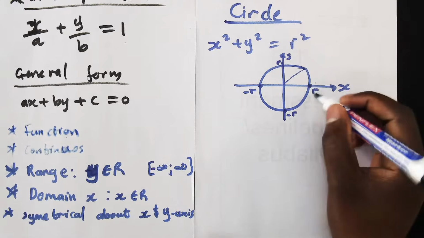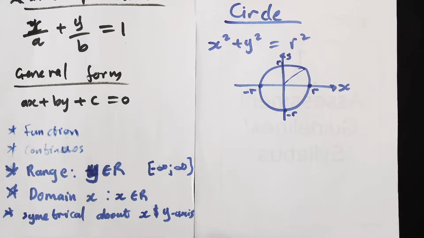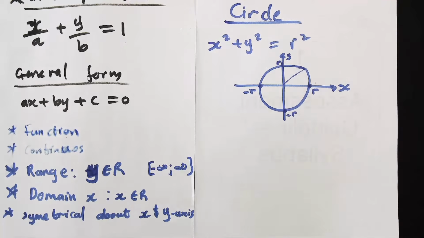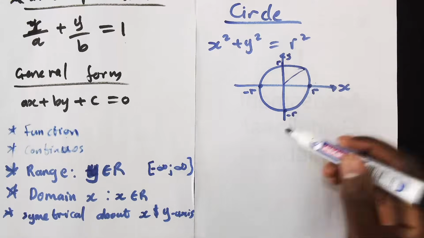But because this is a radius through point O, x and y will be equal, and it will be a certain value. If r was 4, then we'll be having plus or minus 4.